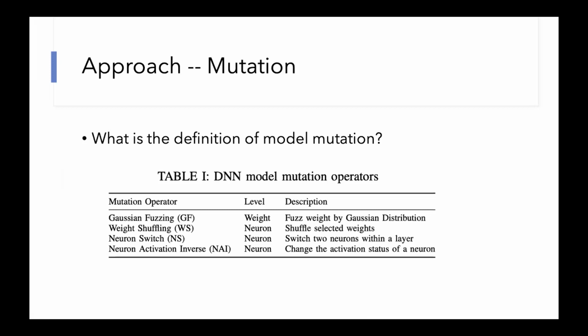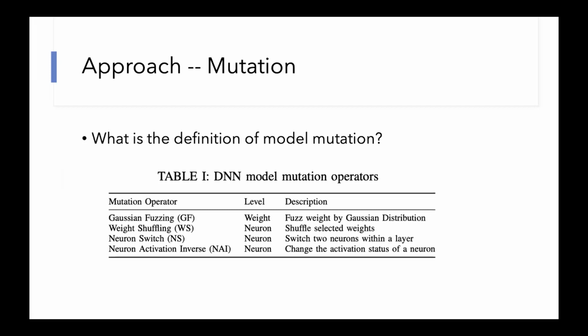First, the weights are replaced using the Gaussian distribution. Will you please be more specific about the Gaussian part? In each layer, they first take all the weights and compute their mean and standard deviation. Then for the selected neurons, they generate random numbers following that mean and standard deviation and replace the weights with these new random numbers.